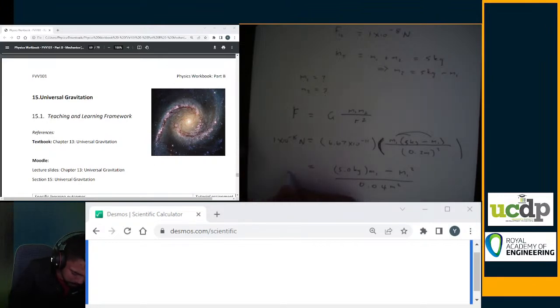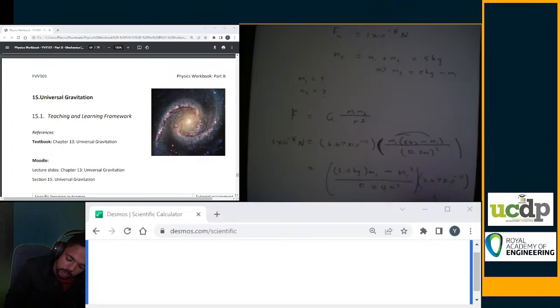And on this side, we still have 6.67 times 10 to the negative 11 newton meters per kilogram squared. So I've simplified this section and wrote it first, and this was equal to 1 times 10 to the negative 8 newtons.